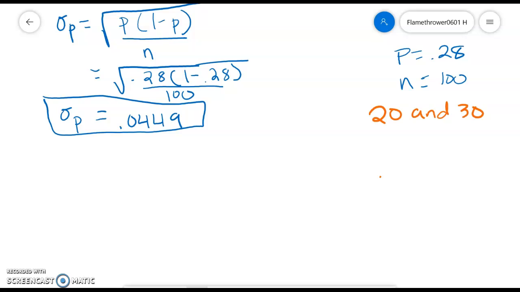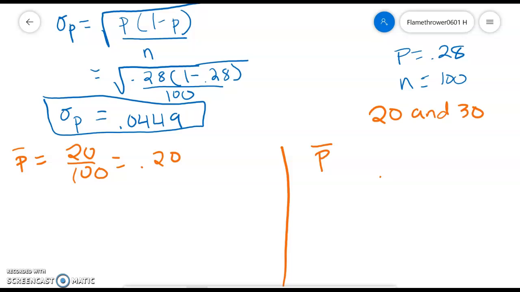First, we need to calculate our sample proportion for the 20. So that would be 20 out of 100, which is 0.20, and then we'll do another one over here for the 30. So 30 over 100, which would be 0.30.